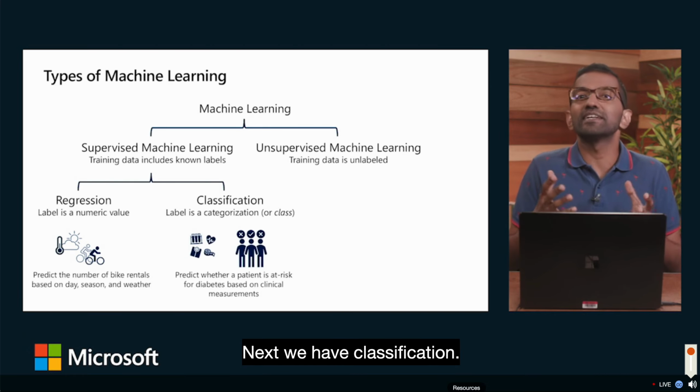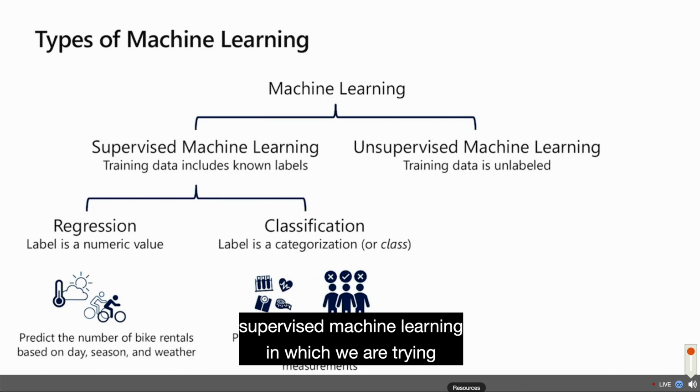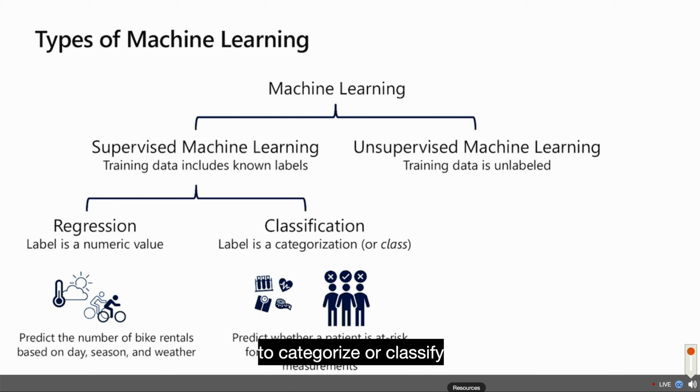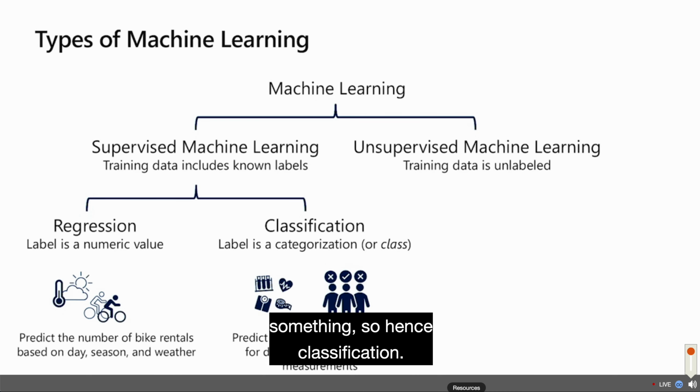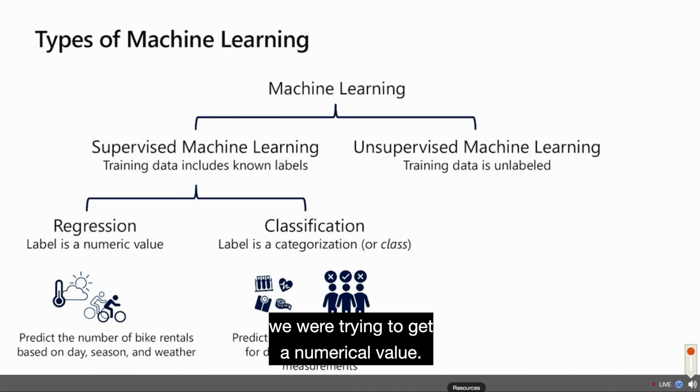Next, we have classification. Classification is another type of supervised machine learning in which we are trying to categorize or classify something, so hence classification. Recall, in regression, we were trying to get a numerical value. In classification, we want to obtain a category.